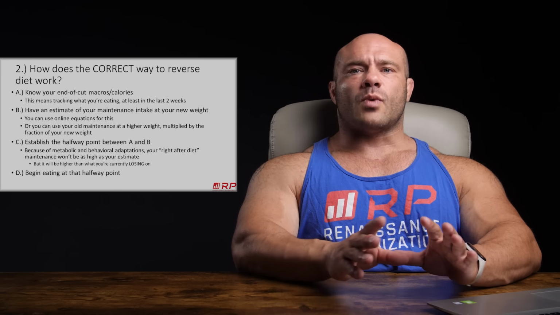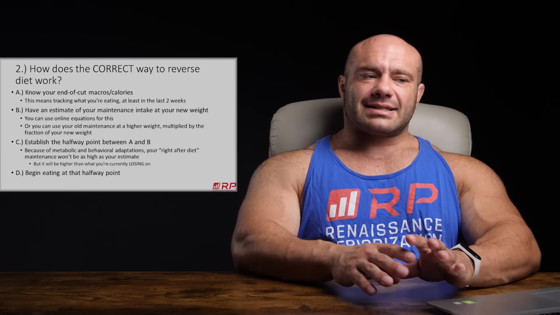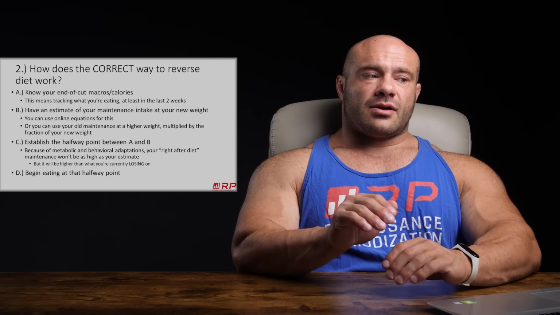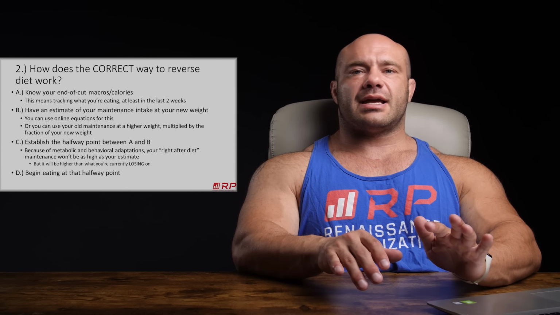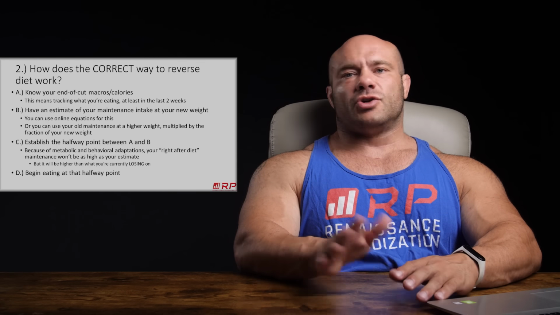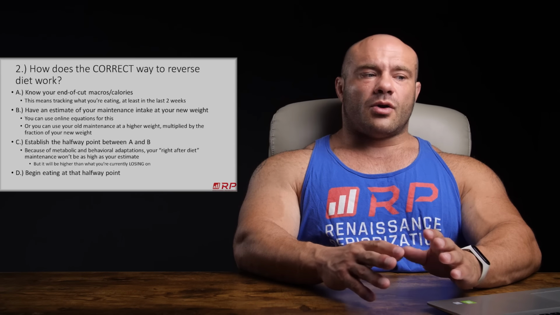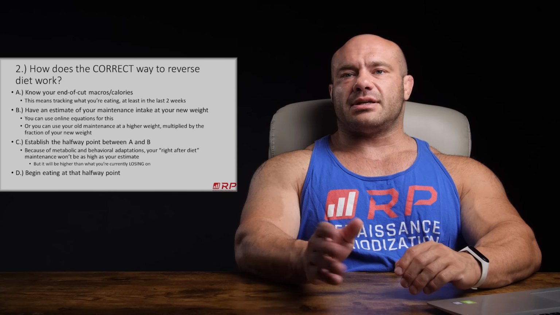Secondly, you want to have an estimate of your maintenance calories and macros at your new weight, okay? How do you do this? Well, you can use online equations. You can go on the internet and say, okay, how many calories to maintain 200 pounds? Let's say you went from 220 to 200. It'll give you a number. Or you can use your old maintenance. Let's say at 220, you were eating 2,000 calories.